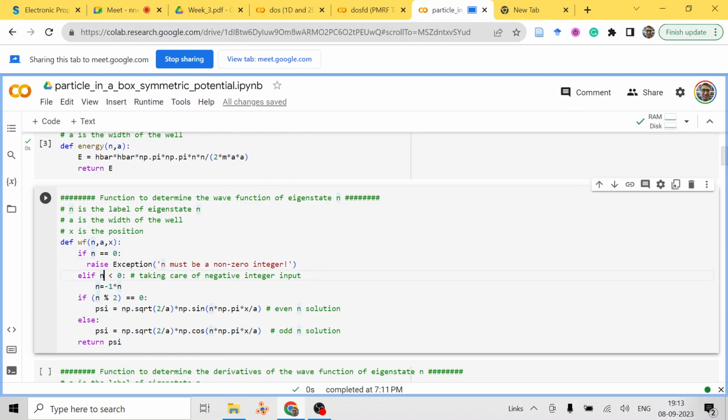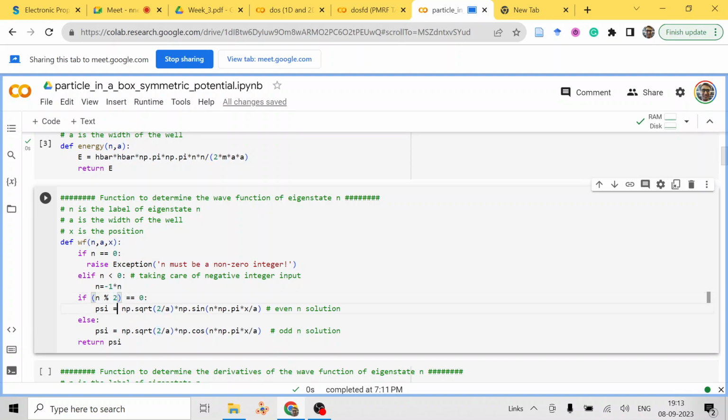Then in this if-else condition statement, I also have a condition for n less than 0. If the user of this code gives a negative integer value, we know that doesn't make any difference, but just to keep the program consistent, we convert it to a positive value, minus 1 times n.